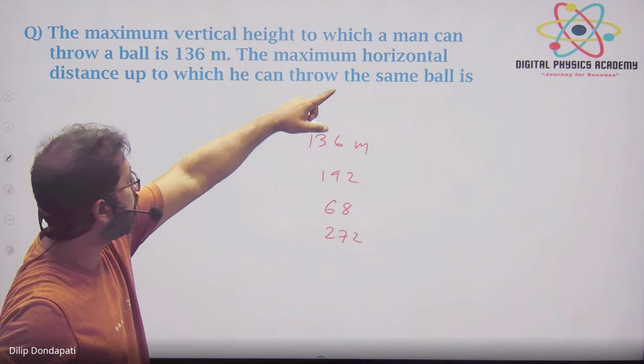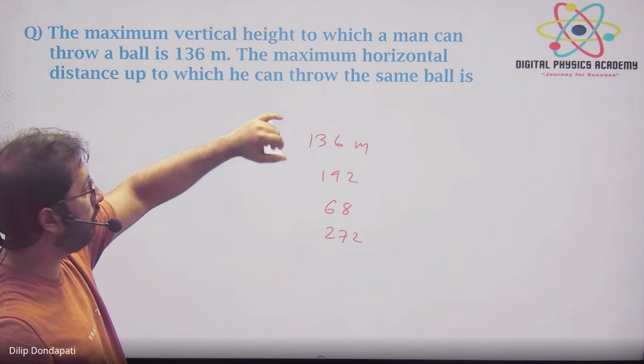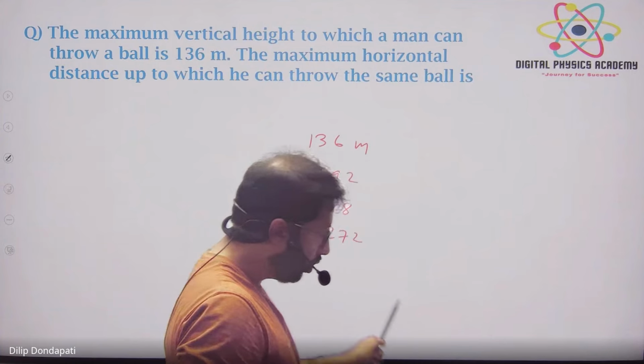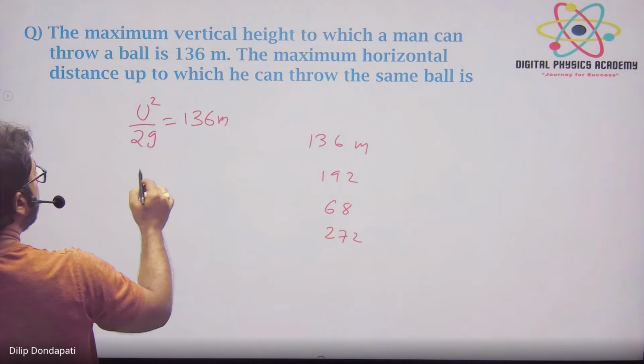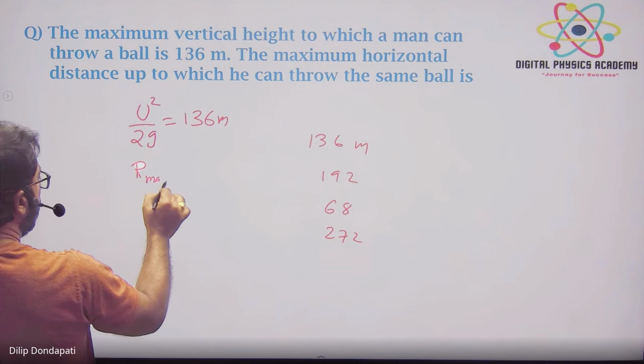And what is the formula for maximum range का formula? U square by g. खत्म, use करो. Now U square by 2g value how much they given? That's it. 136 meters. And R max का formula, you know, U square by g.